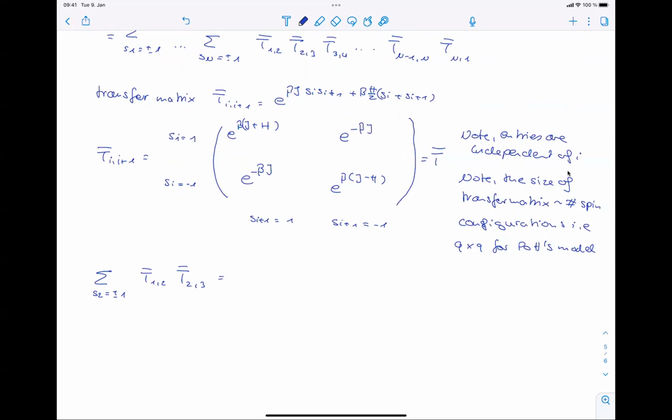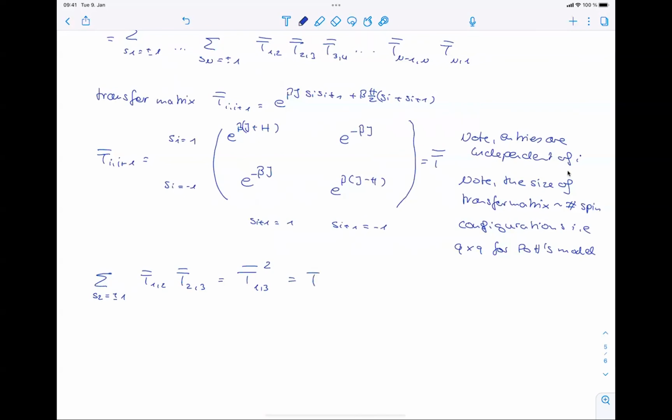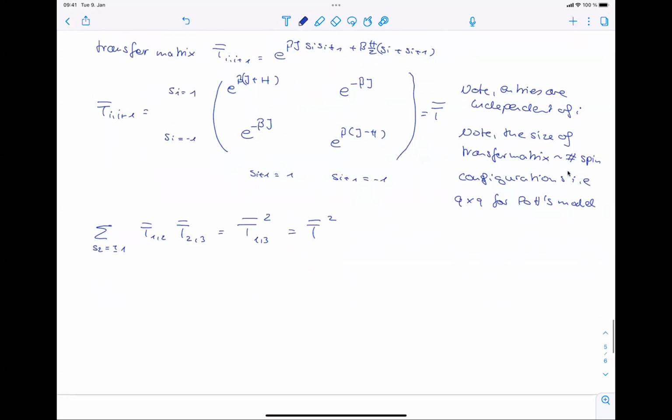So this is just T13, the transfer from 1 to 3, squared. And since this is actually independent of the choice of the indices, this is T squared. There's a typo in my notes.